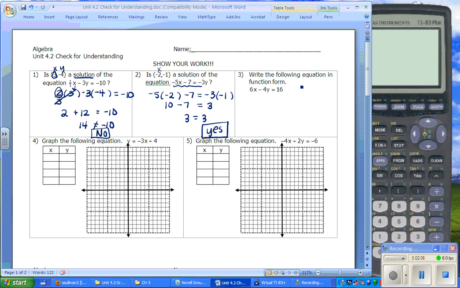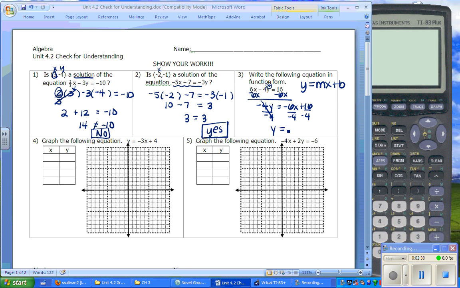To get the equation into function form, we want to get it into y equals mx plus b, where y is alone and b is our y-intercept. So our first goal, if we want y alone, is to subtract 6x from both sides. Now if we divide every single term by -4, they will cancel over here.